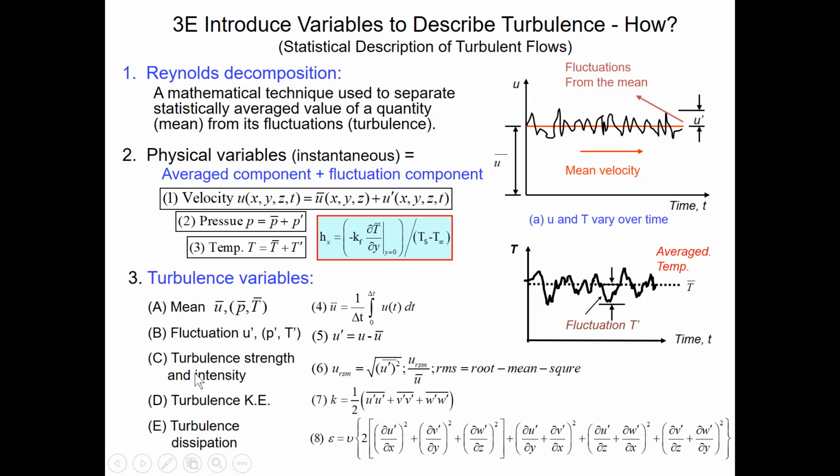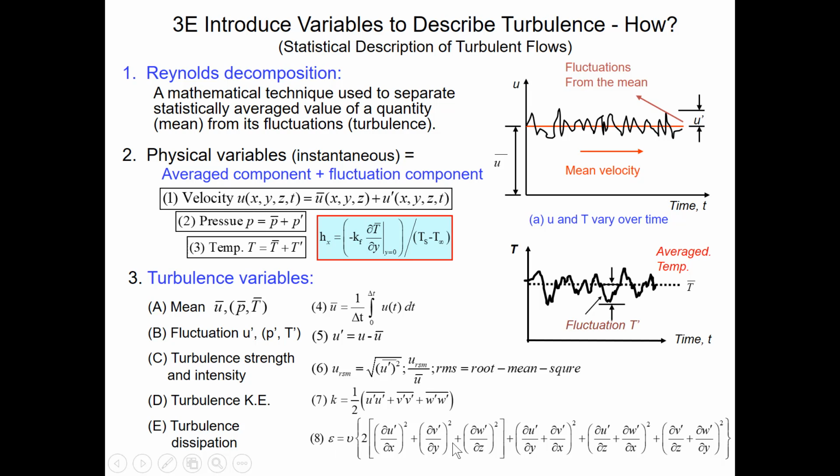C, we define turbulence strength, which is a root mean square, and turbulence intensity by comparison between the turbulence strength and the averaged turbulent flow velocity. D, turbulent kinetic energy, K. And lastly, turbulence dissipation, epsilon.